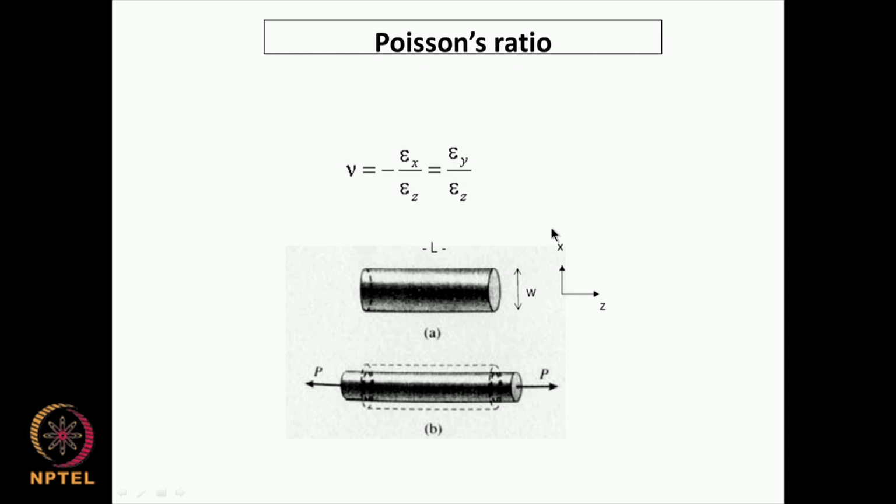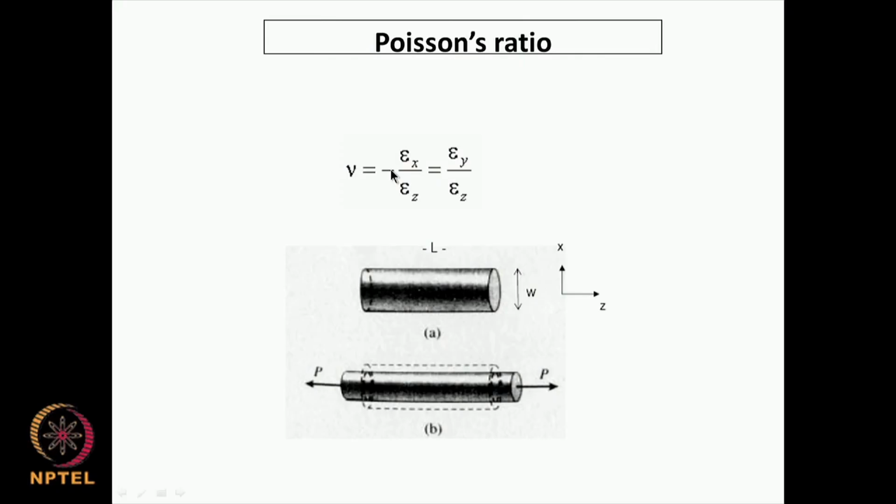When I am pulling that rod, the rod may change its length in this direction, as well as come down in that direction also. Both are possible, right. So there will be a strain in the L direction, as well as a strain in the W direction also.